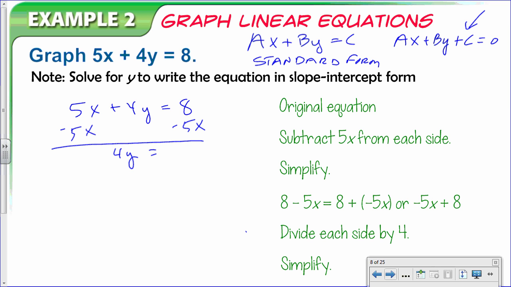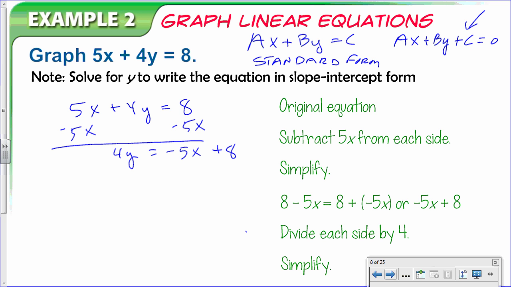Okay, which one of these two terms has to go first? 5x, Evan. Right, because I'm putting everything in slope-intercept form, right? So the -5 is actually going to be part of the slope, isn't it? Okay, then plus 8.